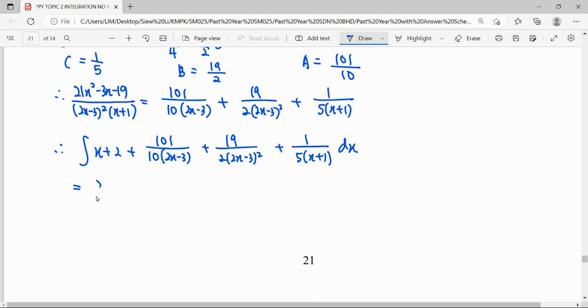To integrate x, we get x squared over 2. To integrate 2, we get 2x.